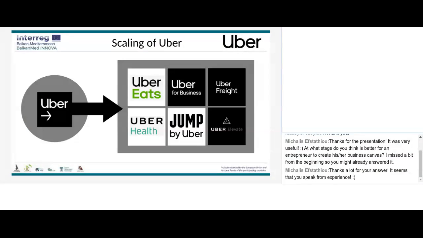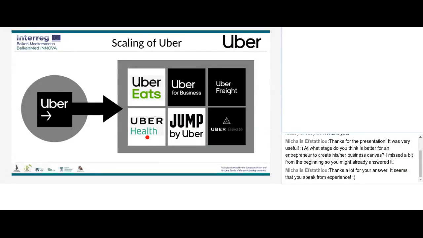And you can see exactly what they did: they had the cab service with this specific business model, and then Uber created Uber Eats, which is a food delivery service. This service is especially important now during the COVID-19 outbreak.